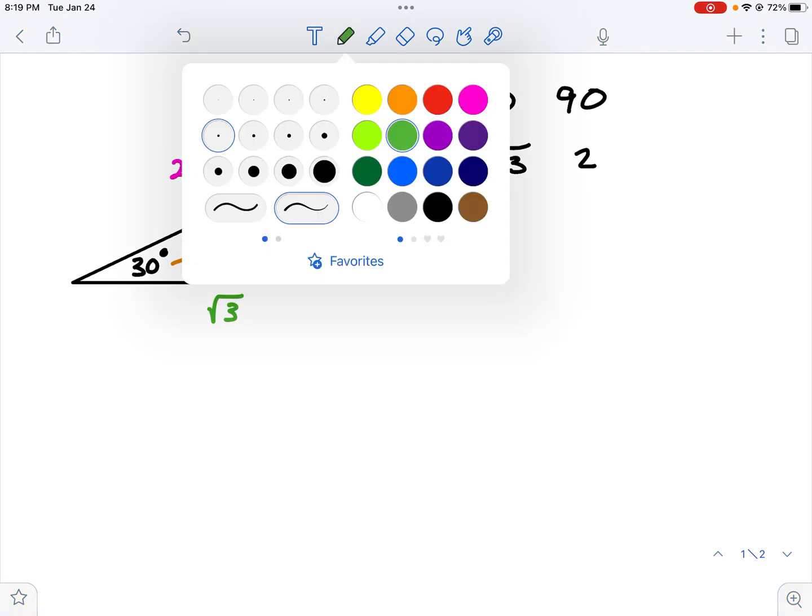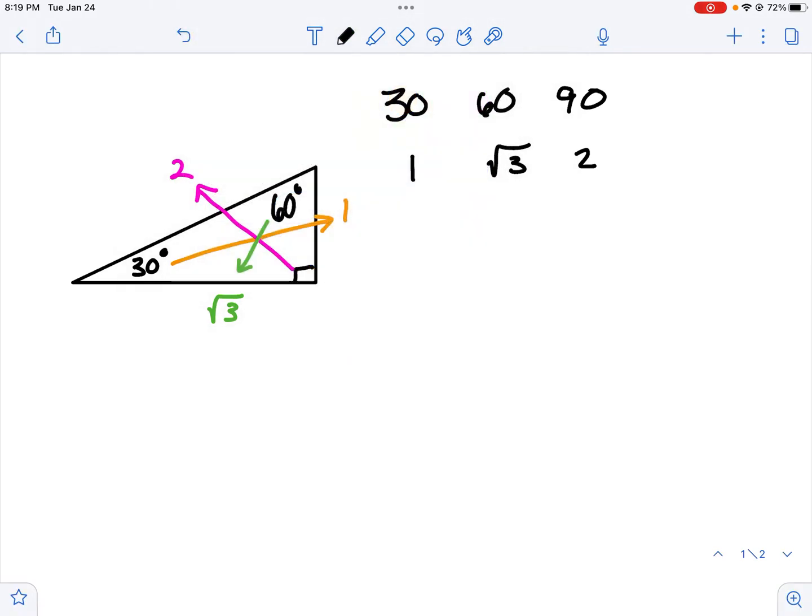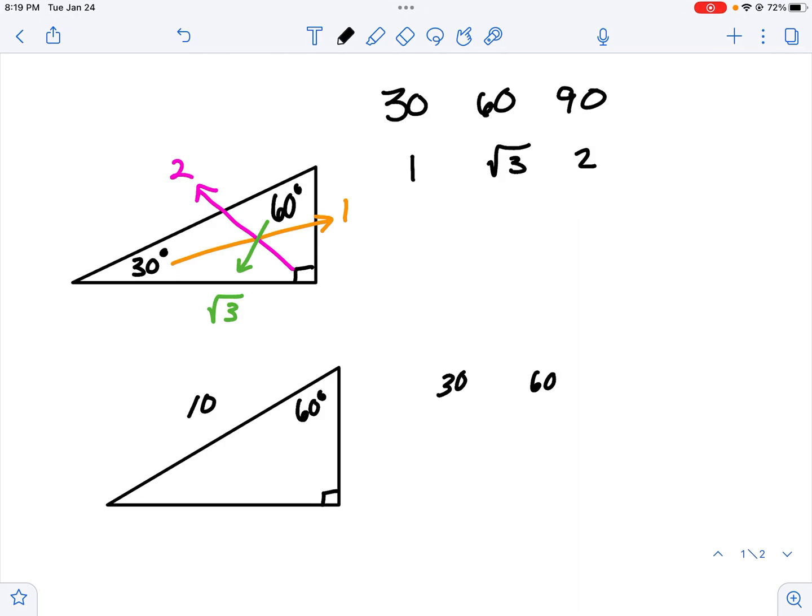And they give you a triangle, and they tell you it's a 30, 60, 90, and they tell you this is 10. Then the relationship is 1, radical 3, 2.